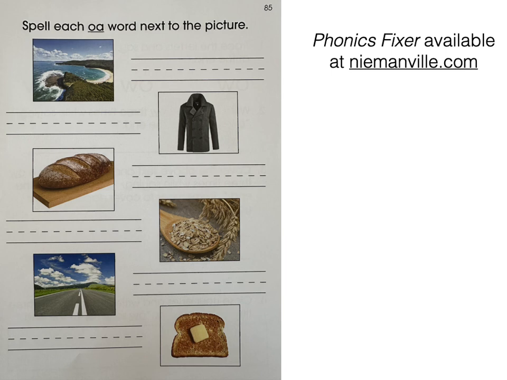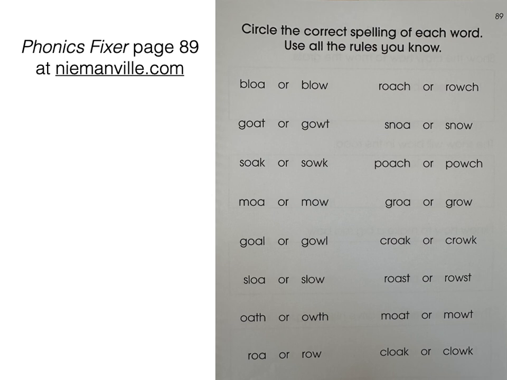This page comes from Phonics Fixer on page 85, and it's a whole page of visuals, as you can see, so that your students can spell coast and coat and loaf and oats just using the pictures. You may also provide them with this right-wrong test of is it blow, and you can see lots of different examples here.